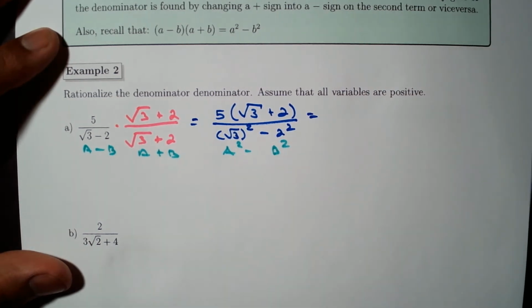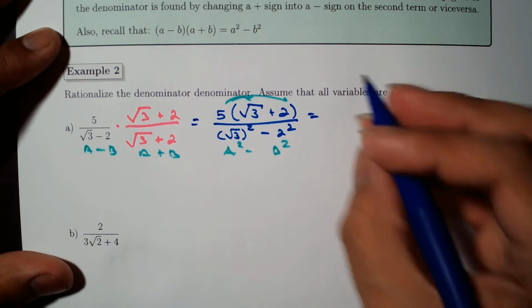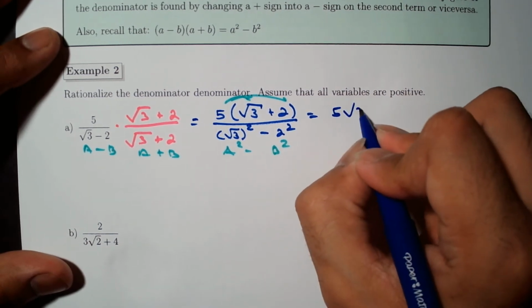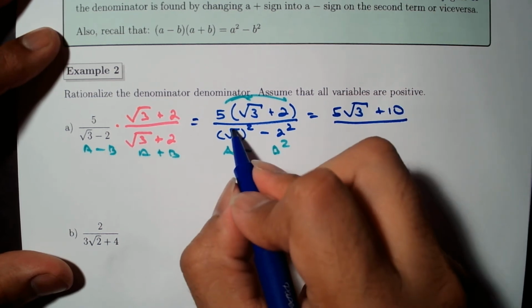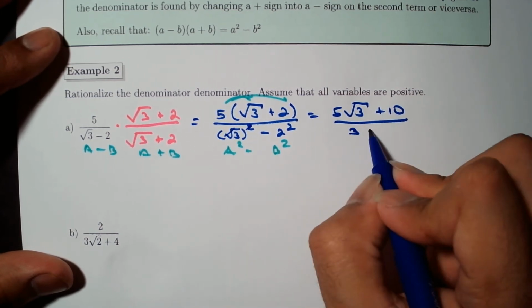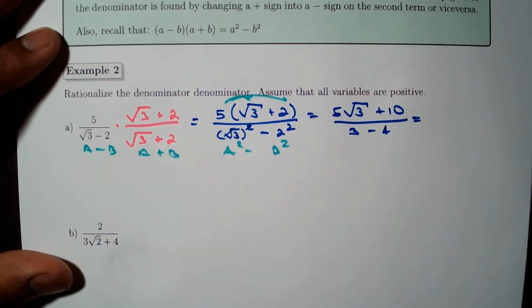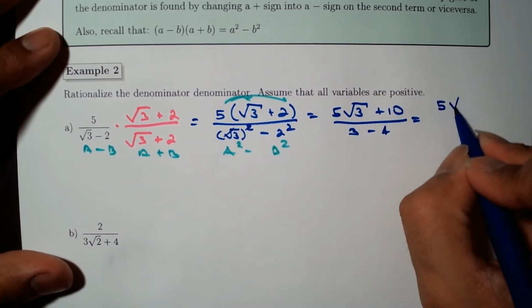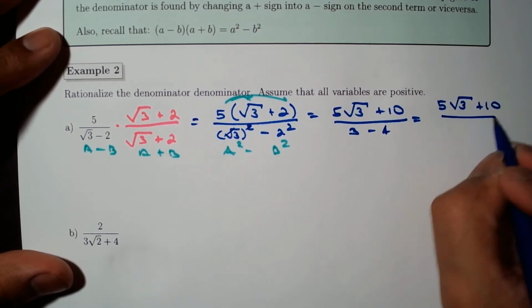So in the numerator, what we're going to do is distribute. That's going to give us 5 root of 3 plus 10. And cancel the radicals: that's 3 minus 2 squared, which is 4, so 3 minus 4 is negative 1. And that's 5 root of 3 plus 10, divided by negative 1.